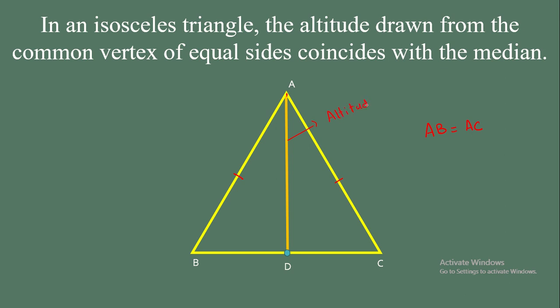So in the case of an isosceles triangle, only one median and altitude coincide, and it is the one drawn from the common vertex between the two equal sides.